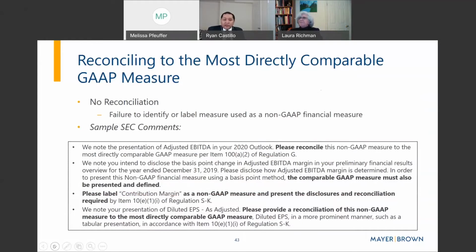Looking at a few SEC comment letters, in bullet 1, the company presented adjusted EBITDA, a non-GAAP measure, in its earnings release, but it did not show the required GAAP reconciliation. In bullet 3, the company used a measure, but it did not label or identify it as a non-GAAP. So here there was no reconciliation, and the cause of that mistake really was a failure to identify the measure used as a non-GAAP measure to begin with.